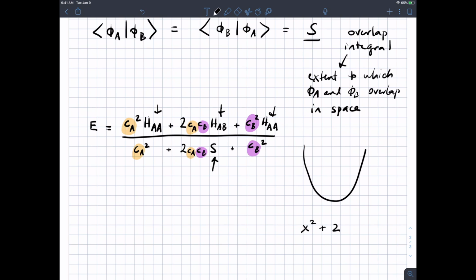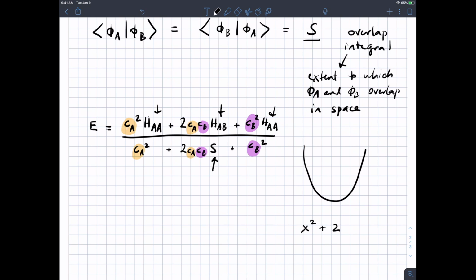So what we're going to do is the same thing with the energy. We're going to take the first derivative of energy with respect to each coefficient, set it equal to 0, and then see if we can solve that. And that will give us a value for the coefficient that is guaranteed to make energy as low as possible. Should I say that again? Maybe it'd be worth saying it again.